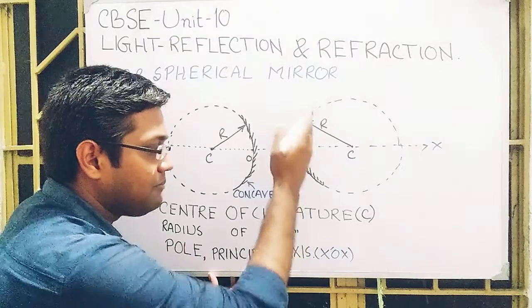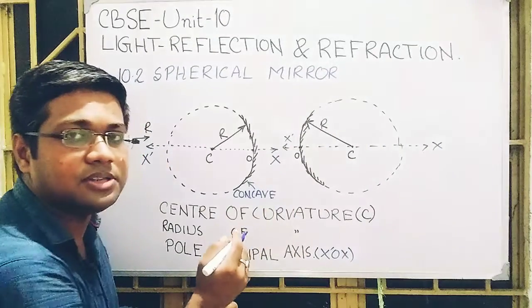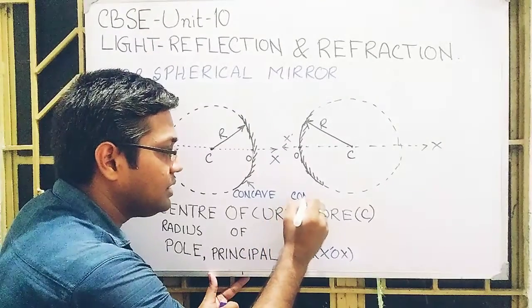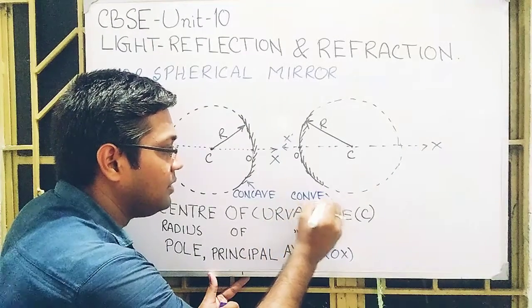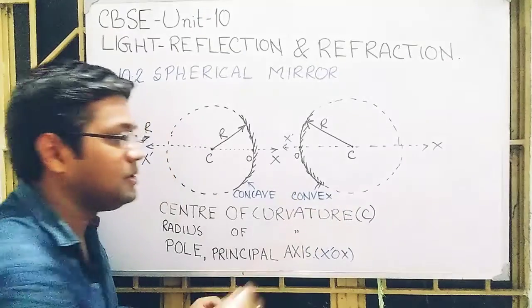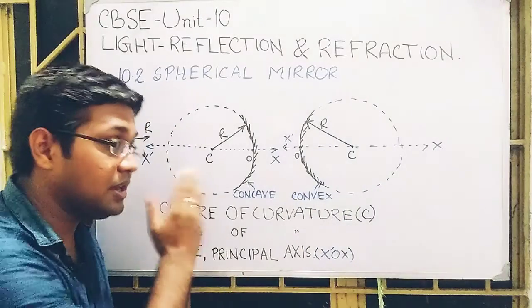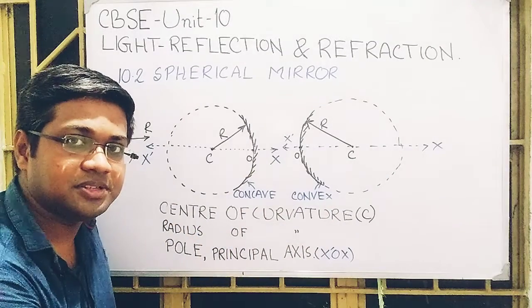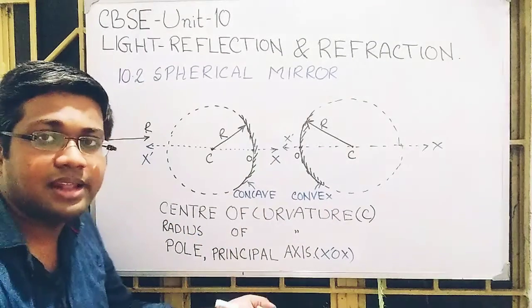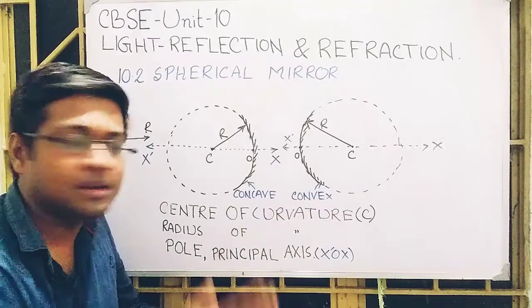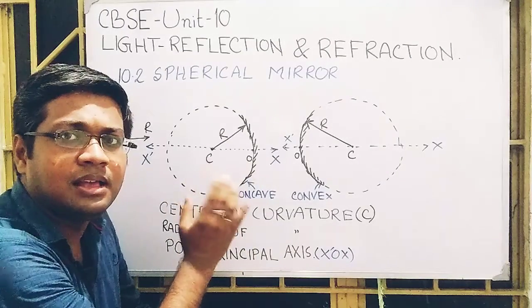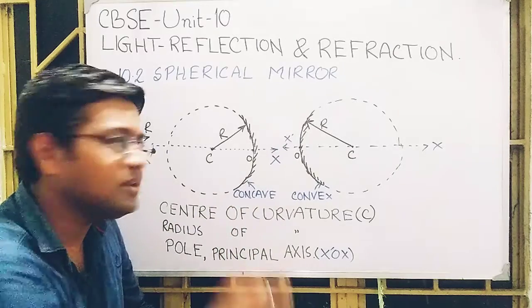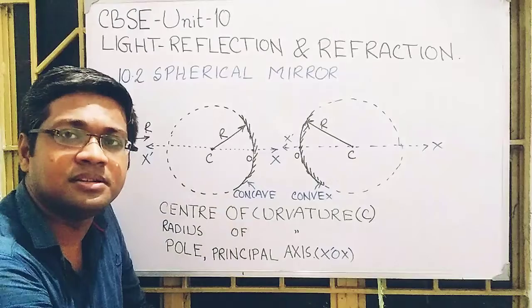But here it has a bulge type of surface, and this type of mirror is called the convex mirror. Both the concave mirror and the convex mirror have a center of curvature, maybe not of the same type, but there is a lot of similarity here.